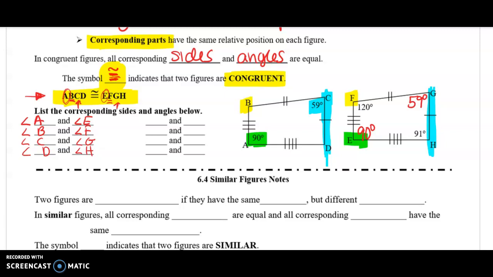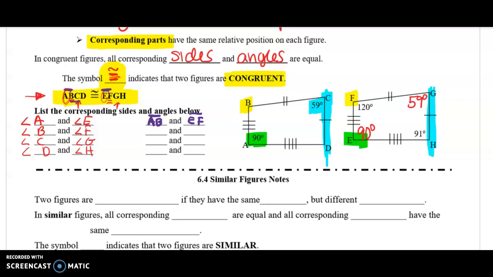And you can do the same thing with the sides. So if we're looking at the sides here, and we have AB, we'd say side AB, and you want to put a line above it, so that's the correct notation for naming a side. And then EF here would be in the same position. Then we can move on to the next one.